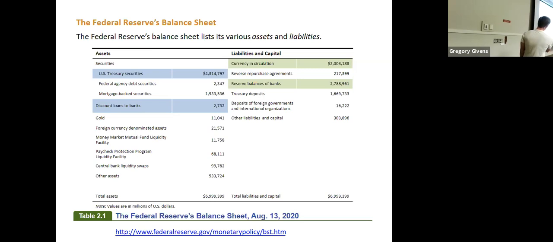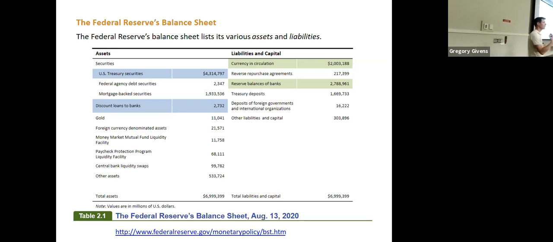Those total more than $4 trillion currently, as well as the volume of discount loans that the Fed has lent to private banks.